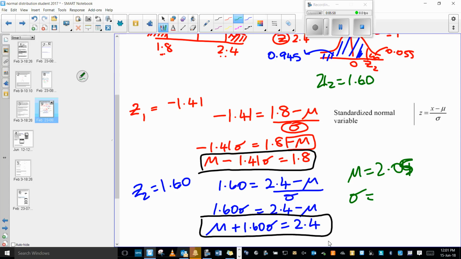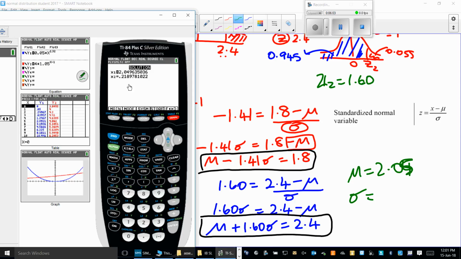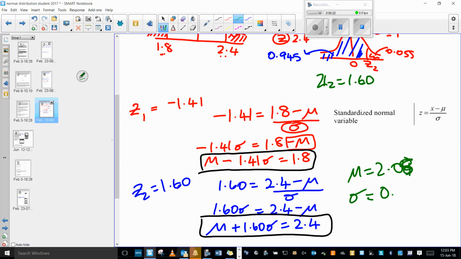What have I done wrong? I have 0.95. Alright, okay, so now I corrected my value that was in wrong. We've got 2.08 and 0.199. So that's our mean is 2.08 and our standard deviation is 0.199.